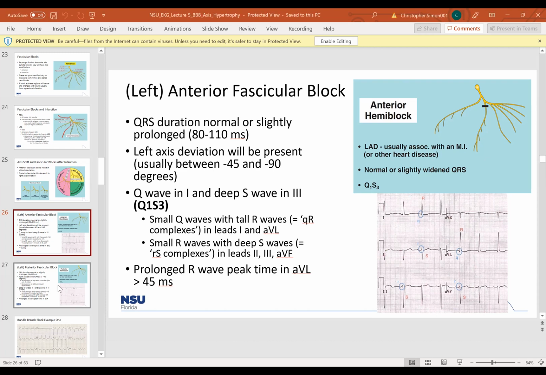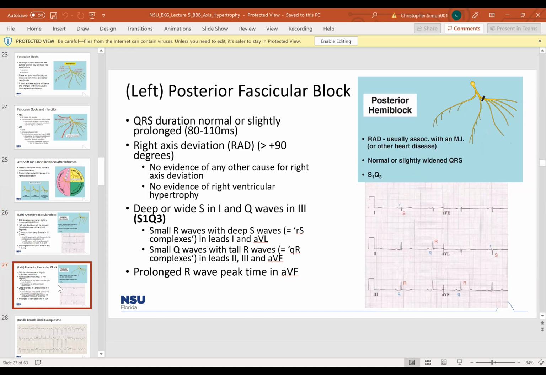Left posterior fascicular block is extremely rare and is not common at all. So it's literally the opposite. In this case, lead 1 is going to have an S wave, and lead 3 is going to have a Q wave, whereas normally they wouldn't.